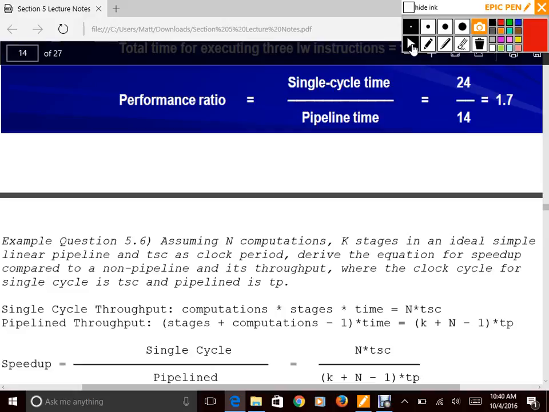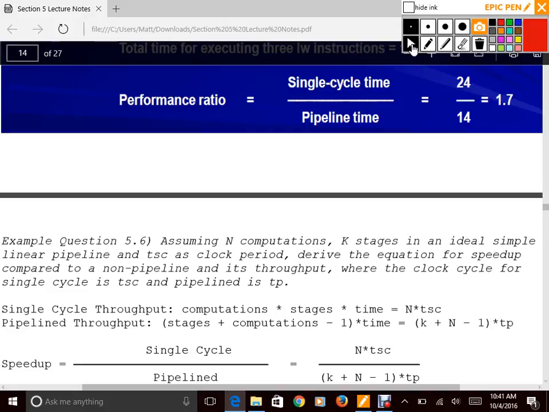Finding the stage, as opposed to all the stages. So I'm doing one stage instead of all the stages. So what's the ratio going to be? No, not 1 to 1. So I'm comparing all the stages versus one stage. What's my ratio going to be? N is the number of instructions. Okay.